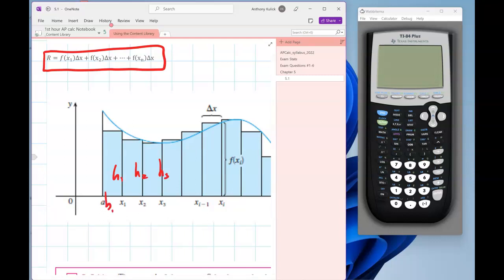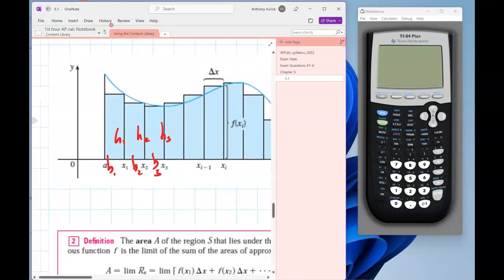It's like b1, b2, b3. Everybody feel okay with what we're doing? Now, if we're doing this with finitely many, we're getting an approximation. That's all we're going to be doing in 5.1 is just approximations, which is fine.